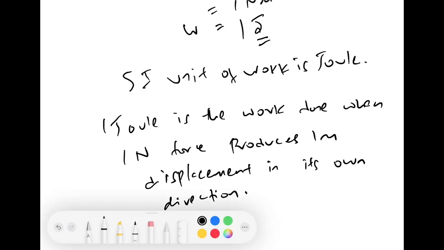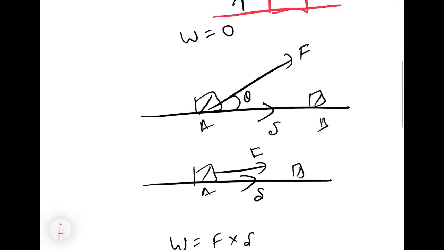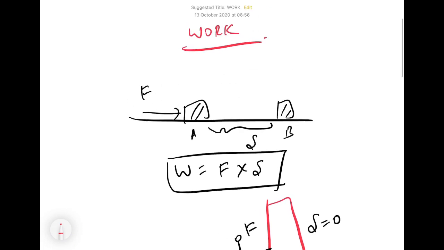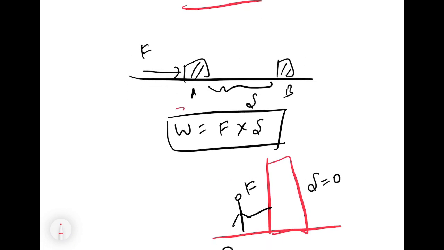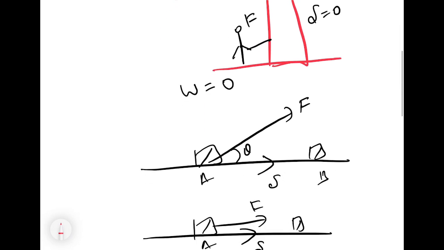So just to recap, work is defined as F into S, where F is the force and S is the displacement in the direction of the force. Second thing, for work to be done, the force has to produce displacement.